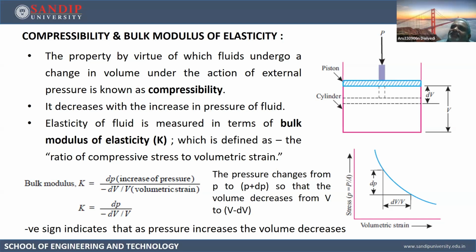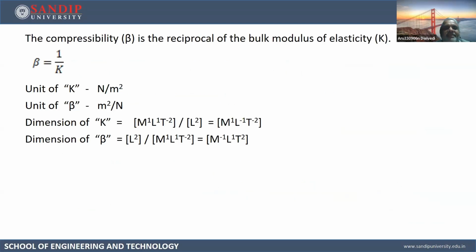So just to compensate it, mathematically we have written the minus dV upon V. So here what will be the unit of the bulk modulus of elasticity? Here it will have the unit of Newton per meter square, because whatever is the unit of pressure, in the denominator we are having the volumetric strain.